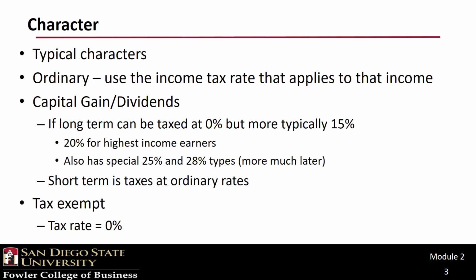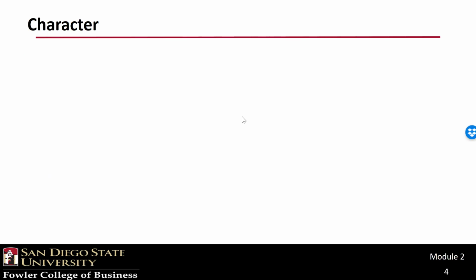Certain types of long-term capital gains can be taxed at 25% or 28%. Short-term capital gains are not treated special in any way. Capital gains are also subjected to an arcane netting process, but we're going to see that later. Of course, everyone's favorite character is tax-exempt, which is subject to a 0% tax rate.